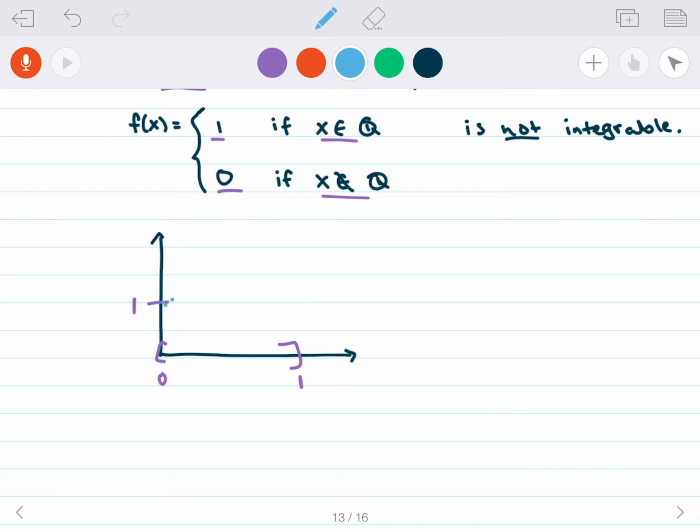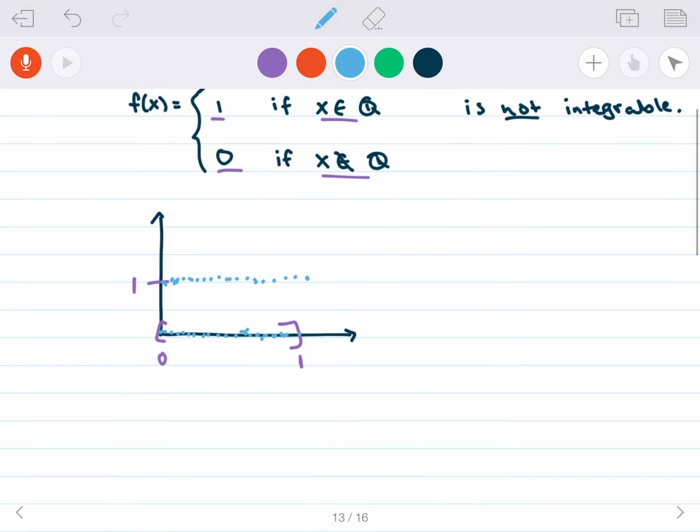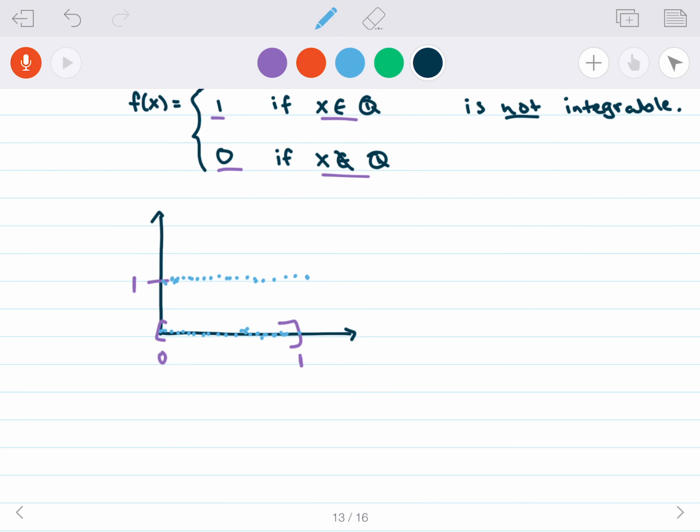There's a bunch of stuff that's rational between 0 and 1. And it's going to be 0 if x is irrational. Again, we have some dense subset here where x is irrational. And so why is this not integrable? Okay, so here's the reason.